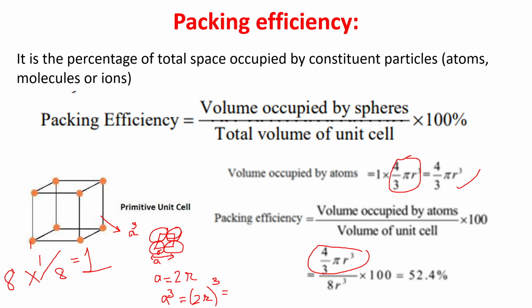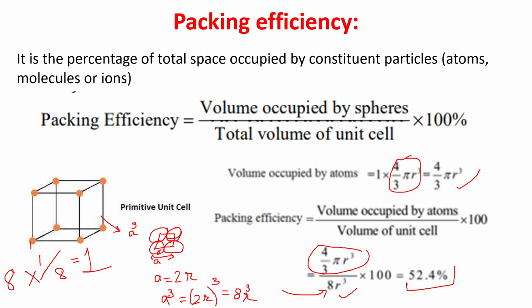That means 2 cube is 8 and r cube is like this. So when we put in this r formula, when we put it over here, then it will be 4 by 3 pi r cube divided by 8 r cube into 100 percentage. That comes out to be 52.4 percentage.